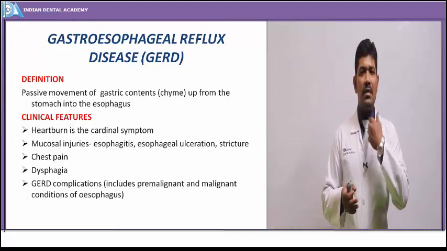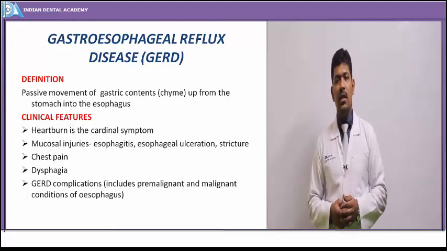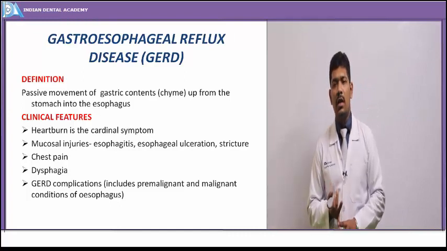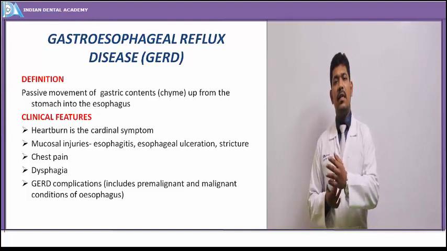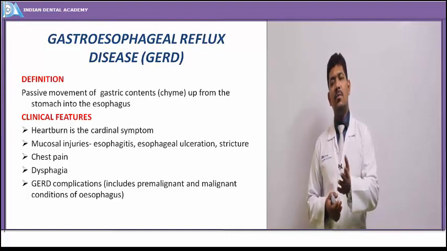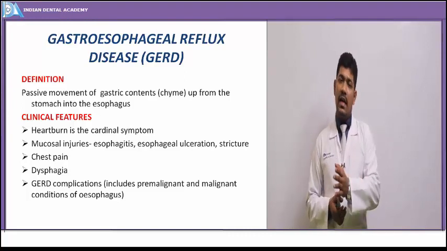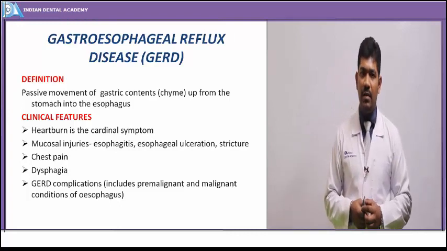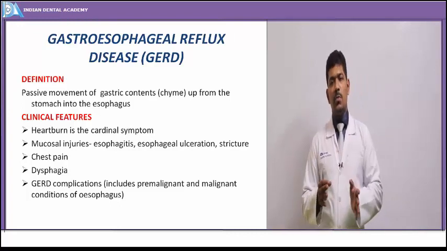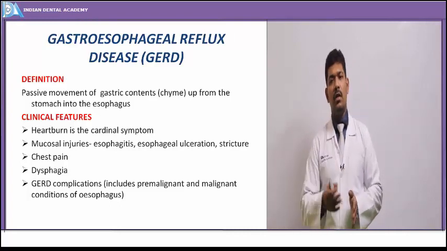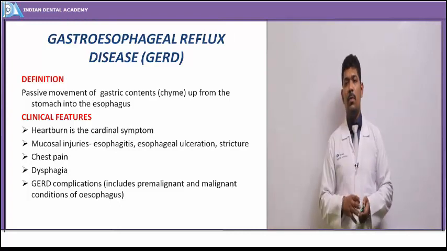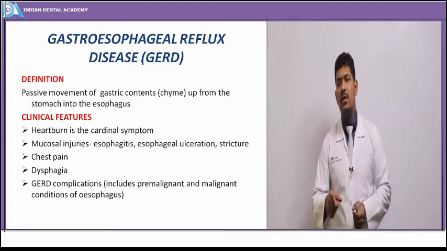Now we all know as the food progresses into the stomach, the first and foremost chemical which it encounters is the acid content of the stomach. Now this acid is basically responsible for the digestion of the food which we take in. Now, during this process wherein there is a passive movement of the food from the stomach into the esophagus and ultimately into the mouth, this food is in a partially digested state.